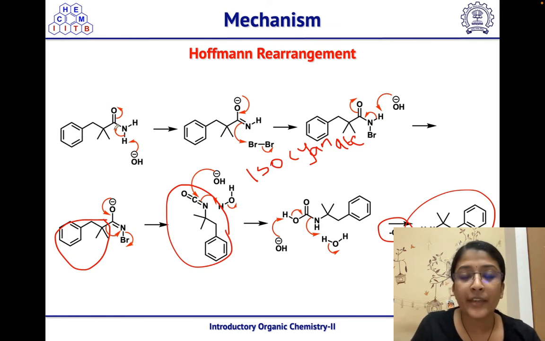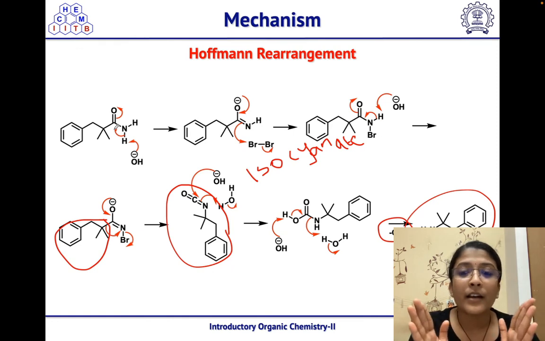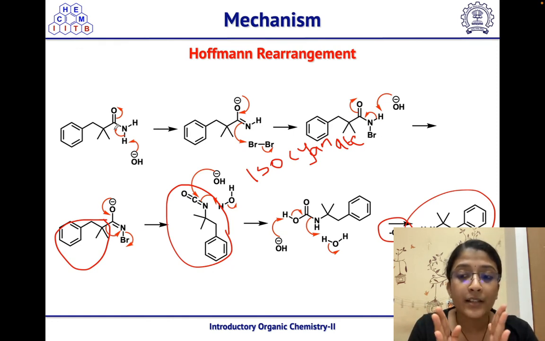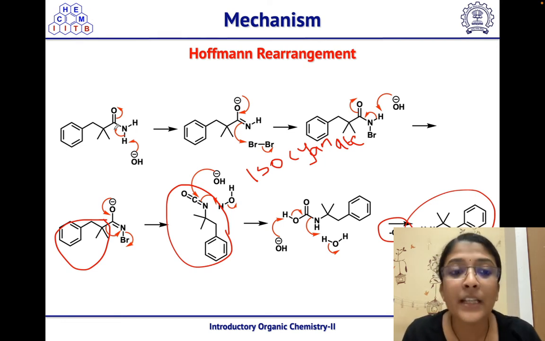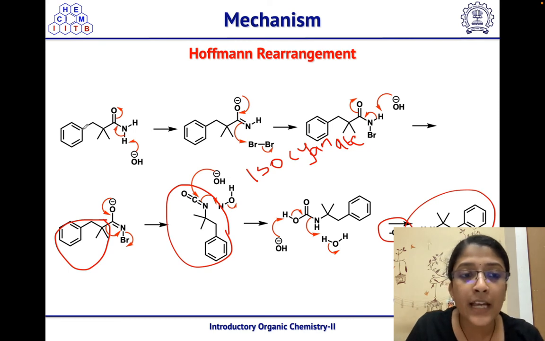Altogether, what is happening here is that the amide is converted into an amine with elimination of one carbon atom. Here it is not a ring, but the carbon atom number is getting decreased. There were 1, 2, 3 carbons in this chain, and in the final system there are only 1, 2 carbons.